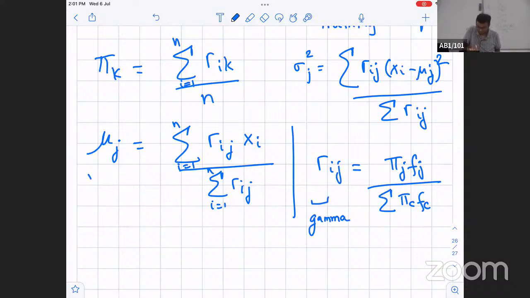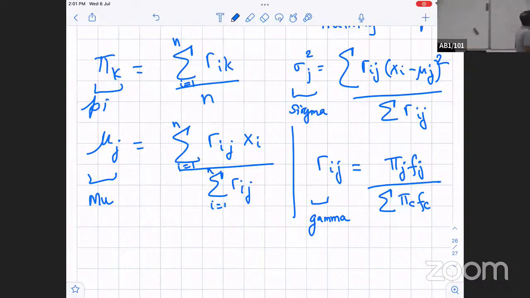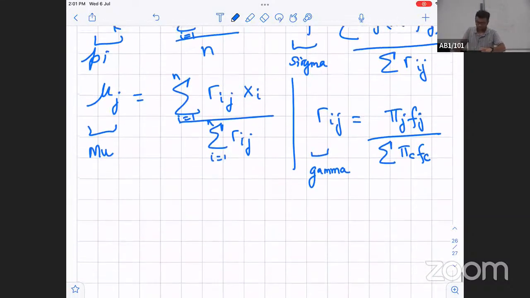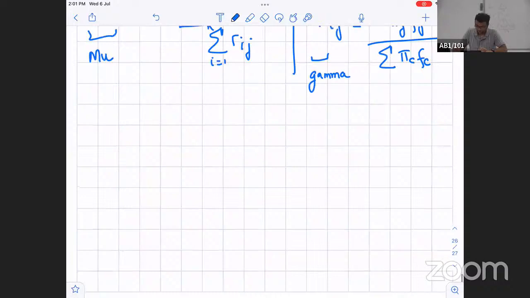This is a Greek alphabet. Similarly, this is mu and this is sigma, and of course you know this is pi. So the problem is that pi, mu, and sigma squared depend upon gamma ij, and gamma ij depends upon pi, mu, and sigma squared. Even if you didn't understand all the calculations that we did prior, this is what we ultimately came to. You do a whole lot of calculations and you arrive at this. Now, what is the EM algorithm for Gaussian mixture models?